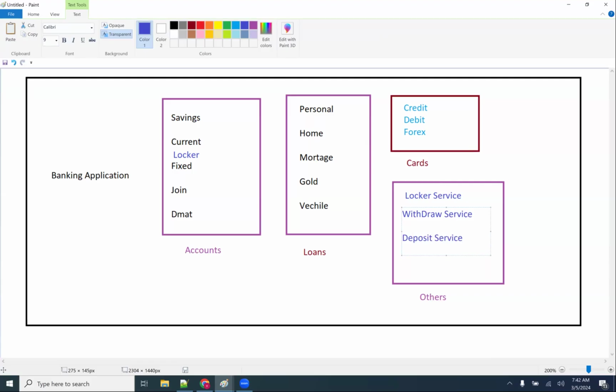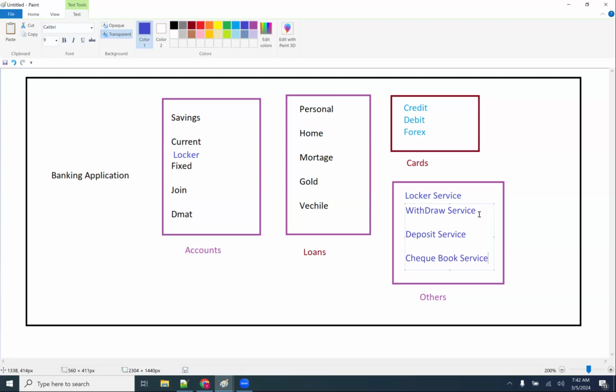Under withdraw, through check and everything, maybe I can write checkbook service. Correct, right? Checkbook service and everything.